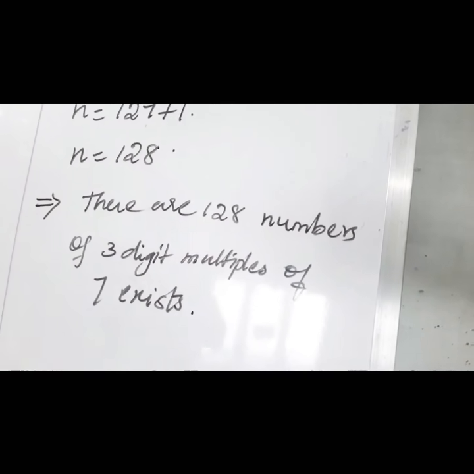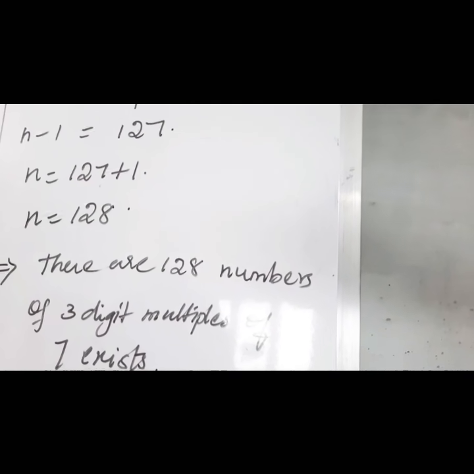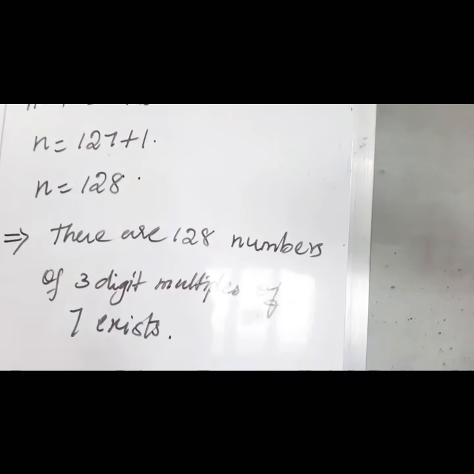Therefore, the number of 3-digit numbers divisible by 7 is 128.